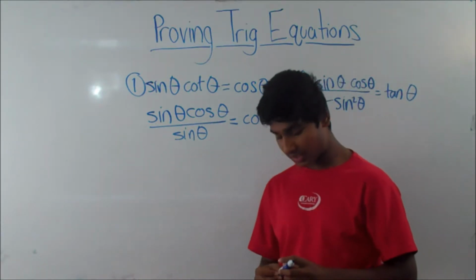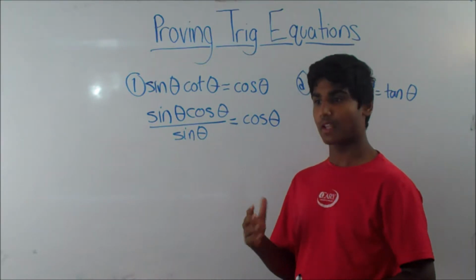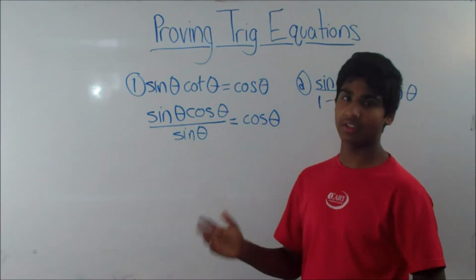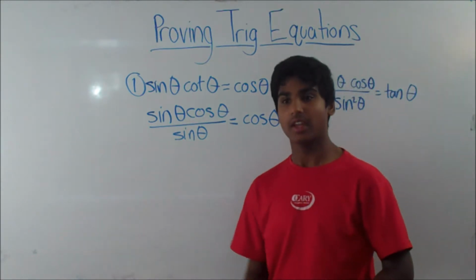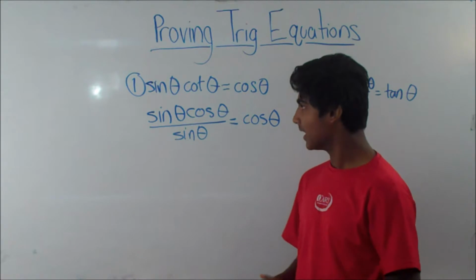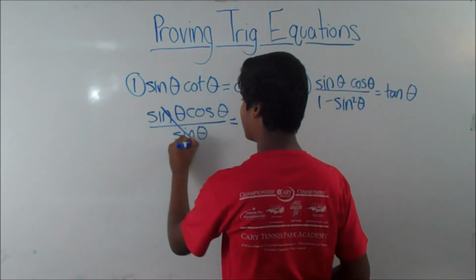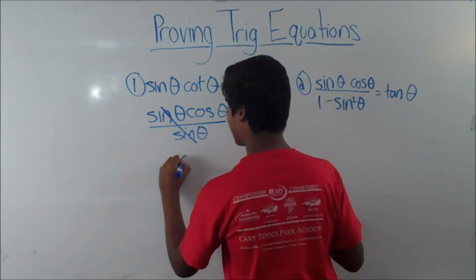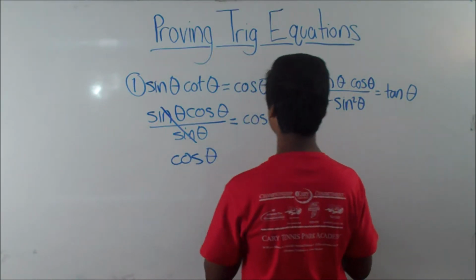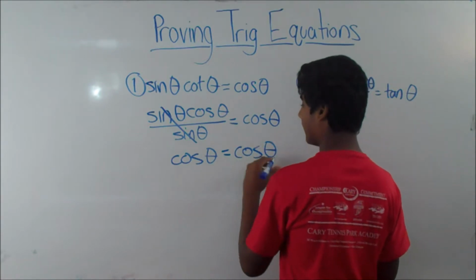Well, cotangent is 1 over tangent. So in order to find out what cotangent is, you take the reciprocal of tangent. And if tangent was sine over cosine, then this one is cosine over sine. And as you know from basic fractions, you can cross out the denominators, and you get cosine of theta is equal to cosine of theta.